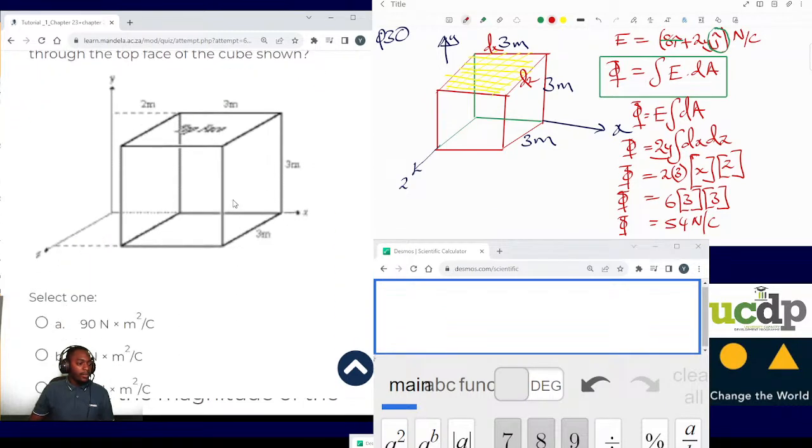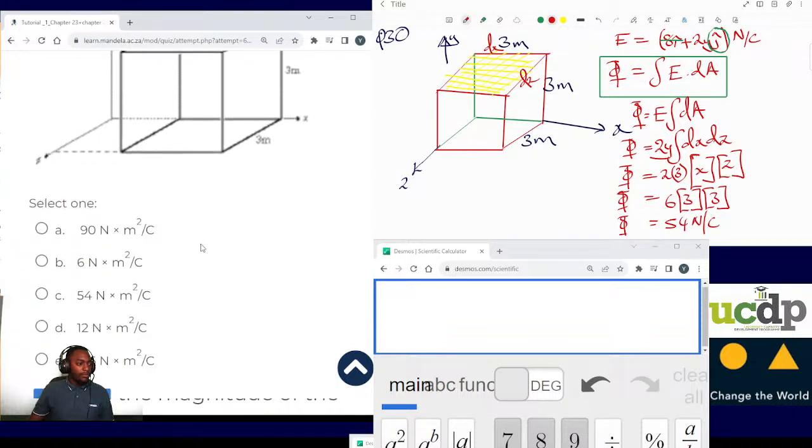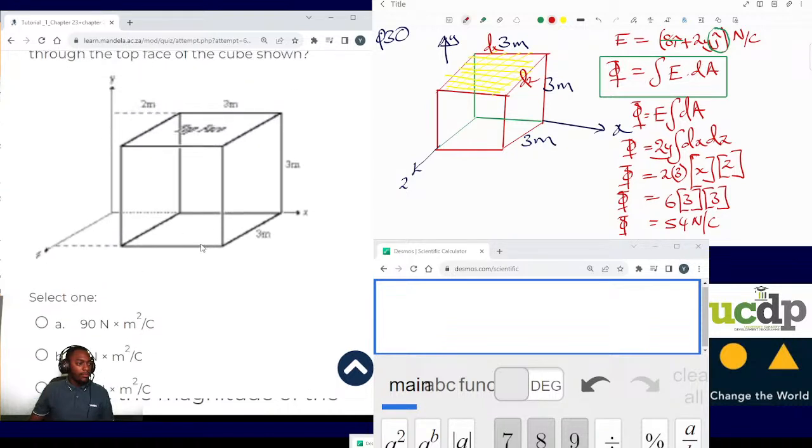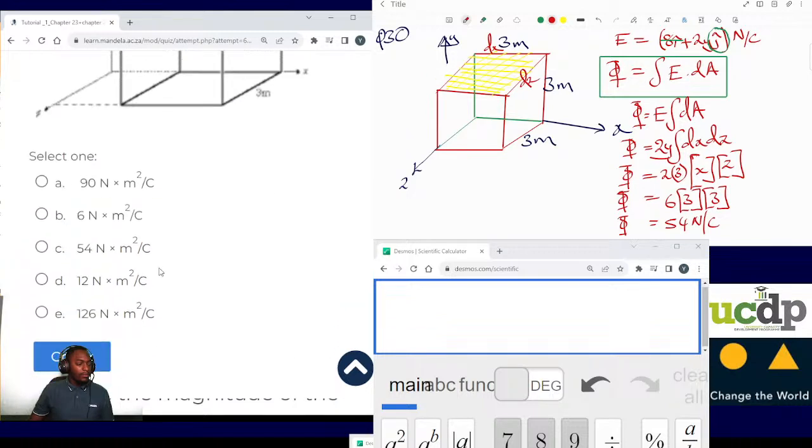All right, so do we have any 54 there? Yes. Oh, this is flux, by the way. I'm giving the incorrect units. This is flux, so that's Newton meter squared per coulomb.